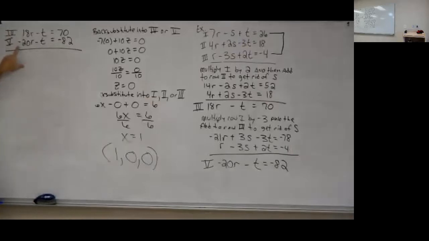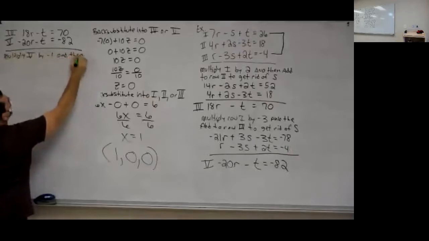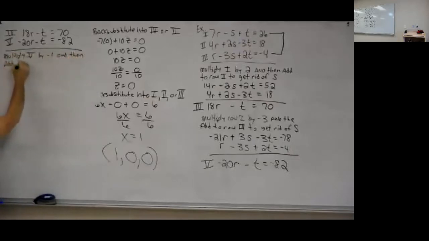So if you don't like this -20 sitting down here on this R, I'm going to do this. I'm going to multiply row 5 by -1 and then add to row 4. So watch this. Multiply -1 by row 5.